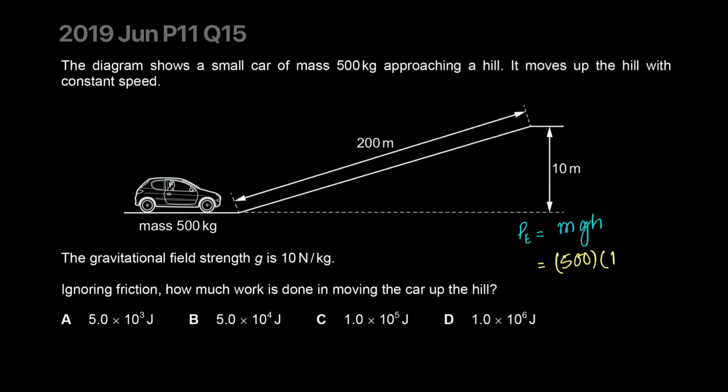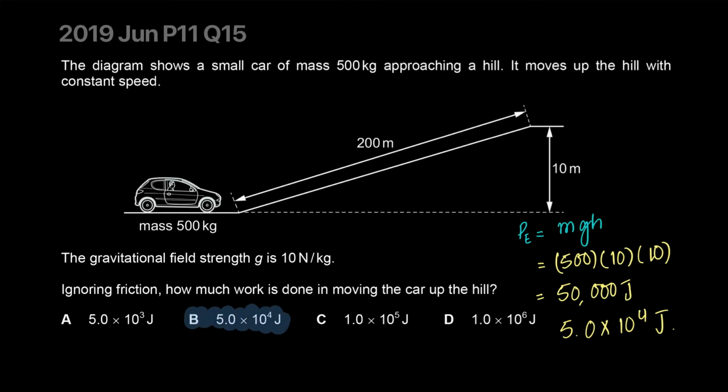The gravitational constant is 10, and the height it went up by is also 10, so that's 50,000 joules. And in scientific notation, it's 5.0 times 10 to the power 4 joules. Correct answer is B.